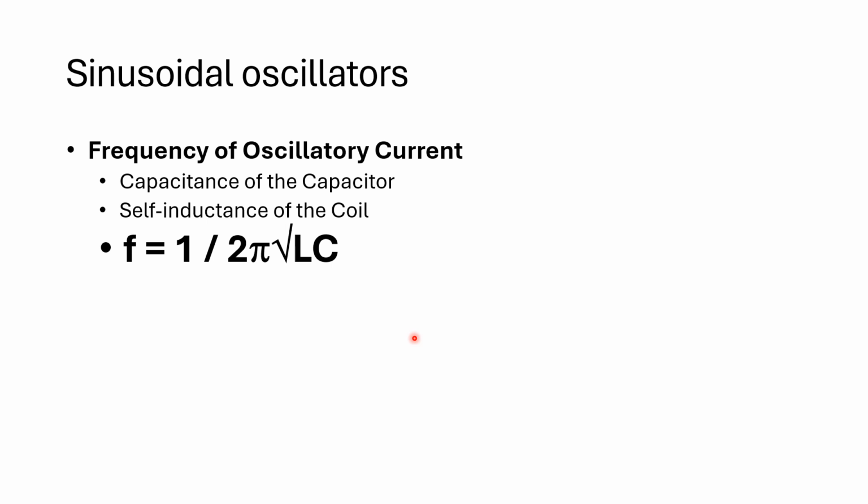So we have here two things to consider for us to determine the frequency of our oscillatory current. What are those two? We have the capacitance of the capacitor and the self-inductance of the coil. For the capacitance of the capacitor, we see that the larger the capacitor, the greater the time required for the reversal of the discharge current.